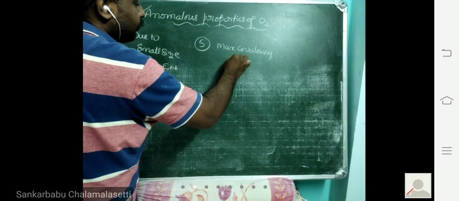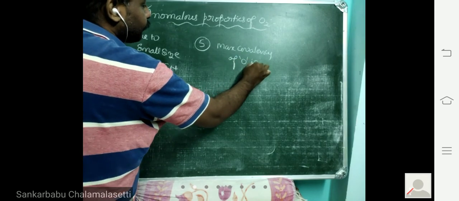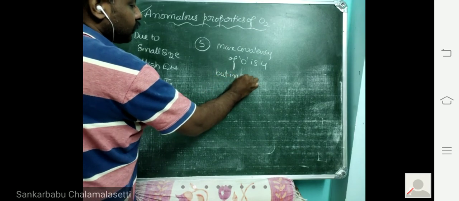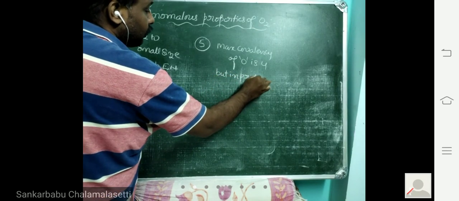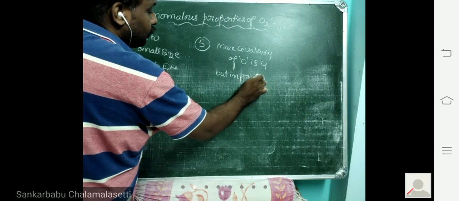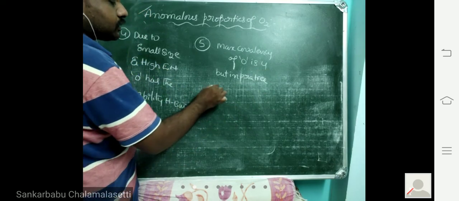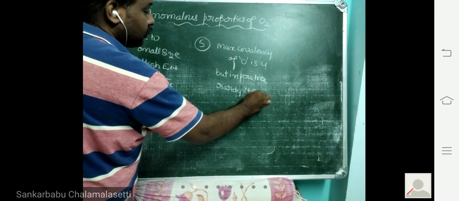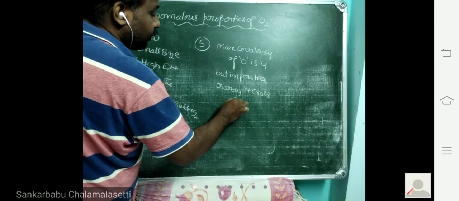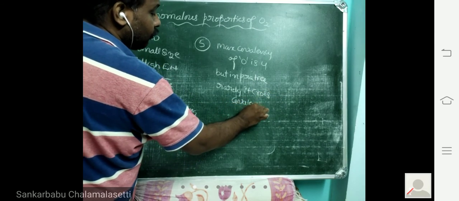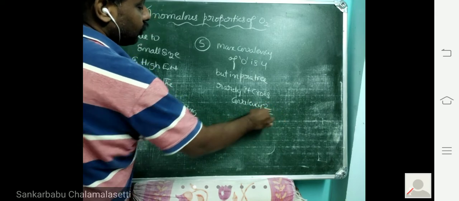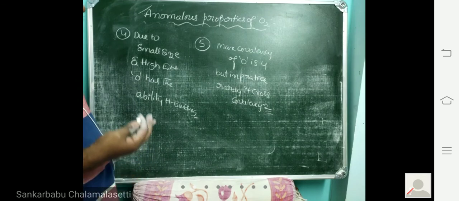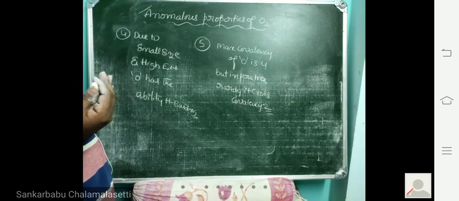The maximum covalency of oxygen is 4, but in practice it rarely crosses covalency 2.